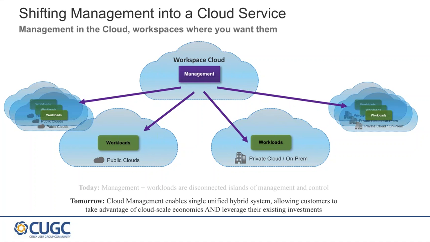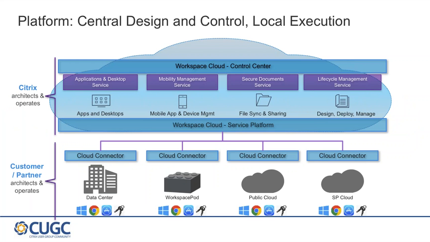Yeah, correct. When you set up Workspace Cloud, you have the control plane already set up. What you do is take what's called the connector and install that somewhere and be able to manage and connect those resources. You get to pick where that goes. You tell Citrix where you want to put it. So if you're using Azure, you can say, I'm going to put this in my Azure subscription.